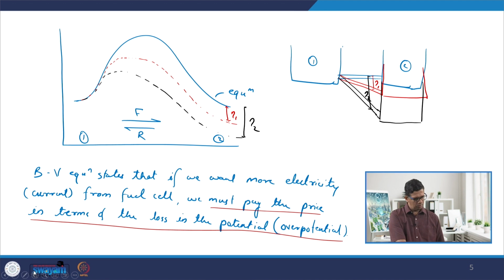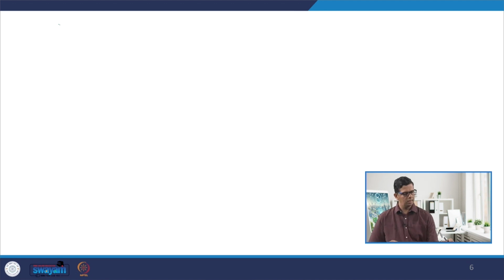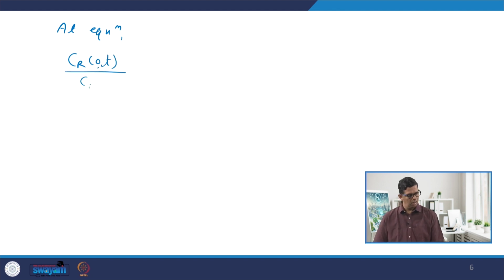So, let us move on. Again, let us go with the equilibrium. At equilibrium we know that the ratio of the species concentration at the interface at a given time to the bulk concentration is the same.